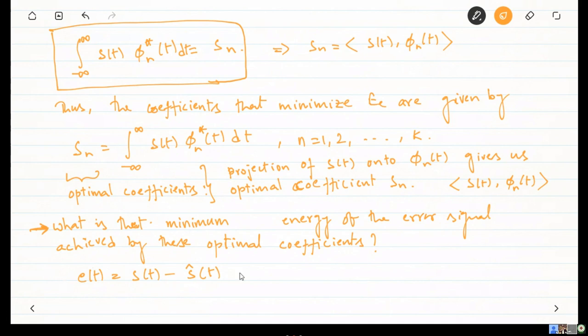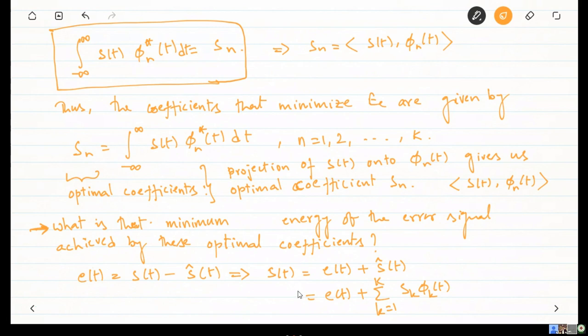So this implies s of t is equal to E of t plus s hat of t, where s hat of t is the summation over small k equal to 1 to capital K of sk phi k of t. So this is this, right?